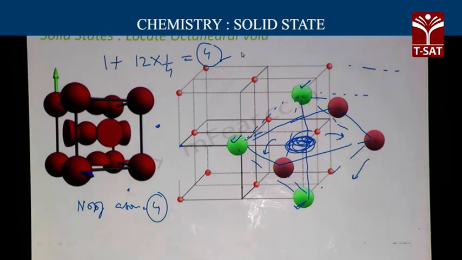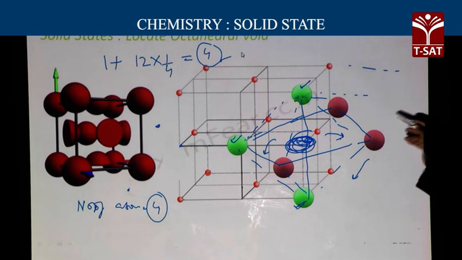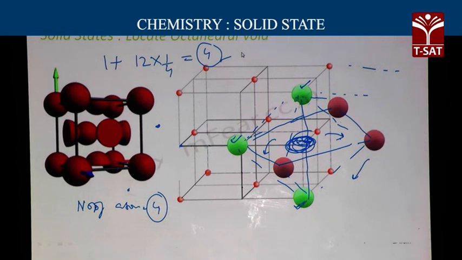Unit cell, number of octahedral voids is equal to number of atoms present in the unit cell. Suppose it is primitive unit cell, one atom per unit cell are present, so one octahedral void is present. So number of octahedral voids is equal to number of spheres.